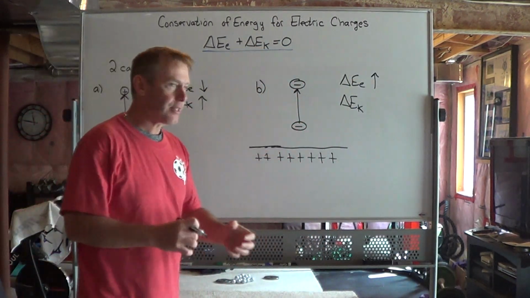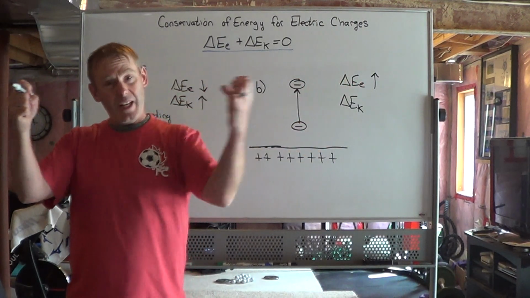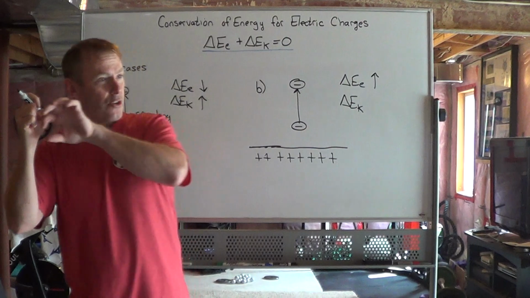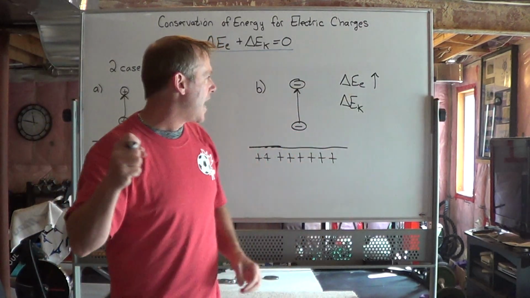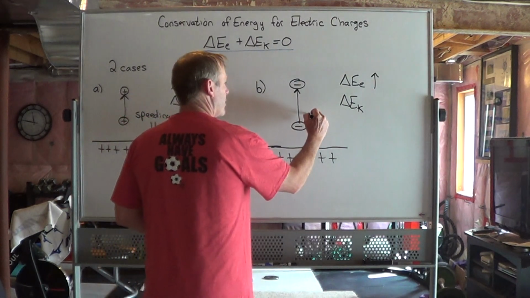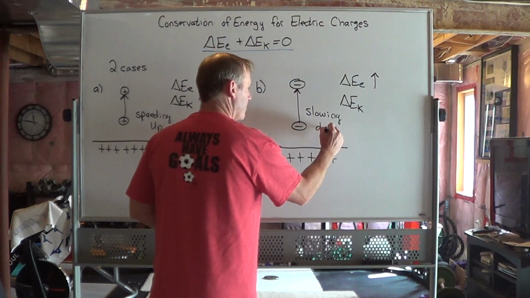But you've got to think, as they want to be together and as you're pulling them away, this charge is actually slowing down, if you look at it in motion.